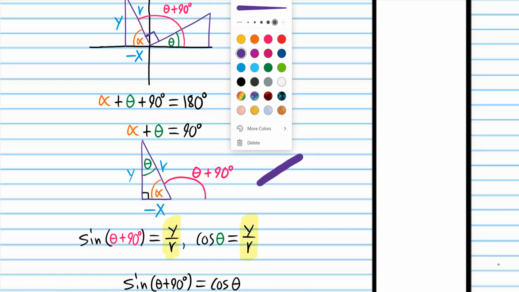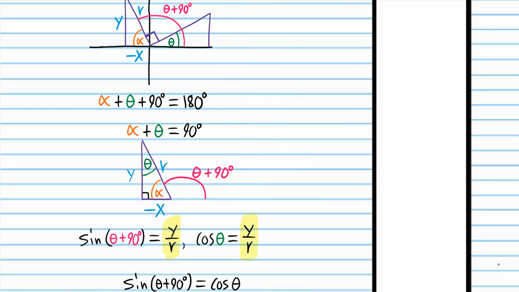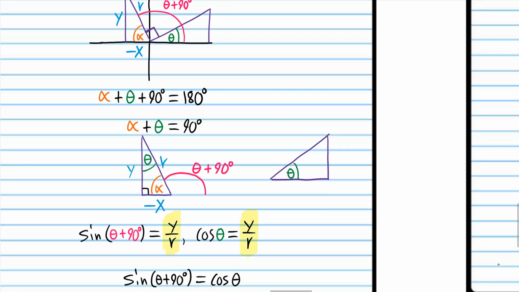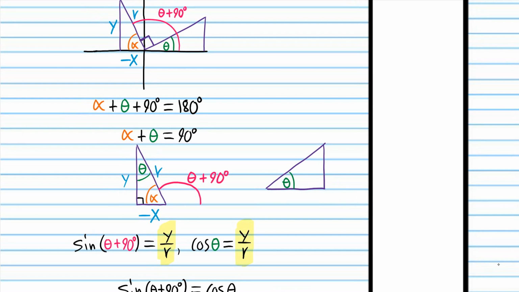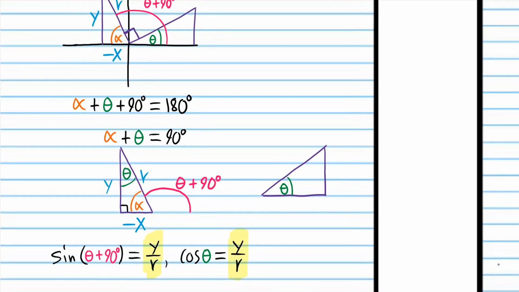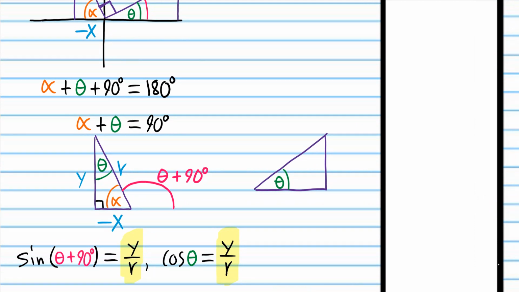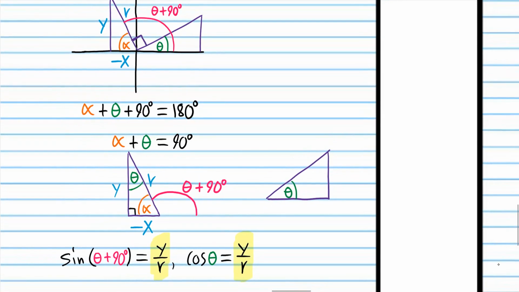Now again, you don't have to know this explanation. If you're getting a little confused here, that's okay. You don't have to know this. I'm just giving you a brief explanation of why this works. If we take that angle out, cosine theta, and again, in both of these triangles, we have alpha and theta. So up here we have alpha in that angle.